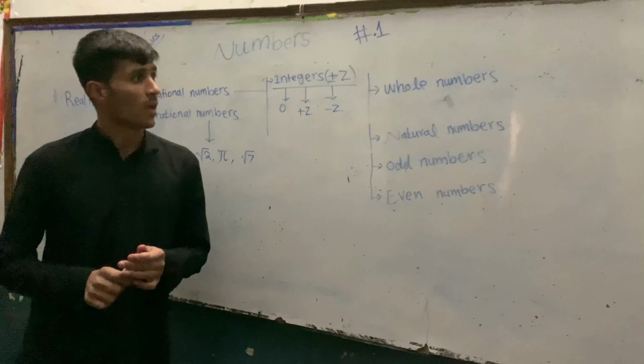The next one is irrational numbers. Irrational numbers are the opposite of rational numbers. Rational numbers can be written in the form of P over Q, where Q is not equal to 0, but irrational numbers cannot be written in the form of P over Q. For example, square root of 2. Its value is not exact.